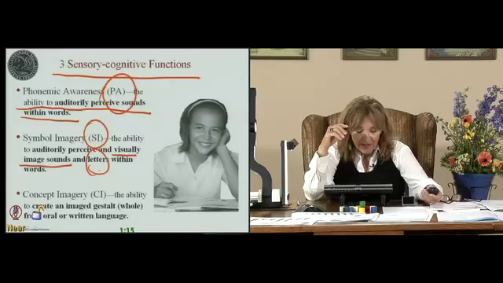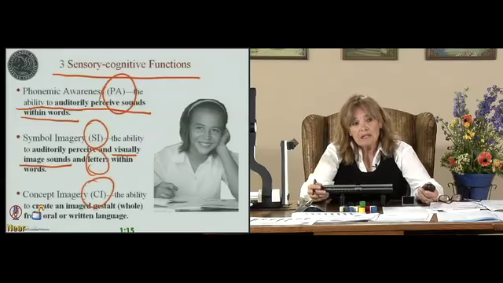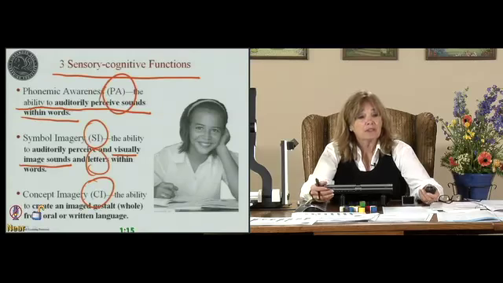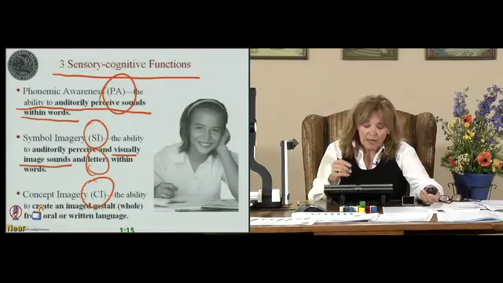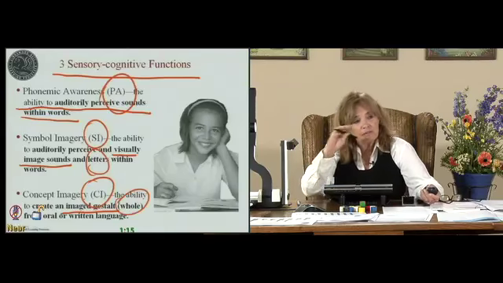That's symbol imagery. Concept imagery, I've been talking about this for many, many years now, and this is the fairly popular now visualizing and verbalizing program that's really used, it seems, in a lot of places, which is a thrill to me. This is the ability to create an imaged gestalt, which means the whole, from oral and written language. So this is different than symbol imagery.